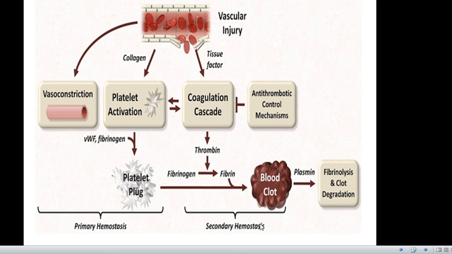The lower part of the figure shows the formation of a blood clot and its dissolution by plasmin through the fibrinolytic system. This concludes today's topic.